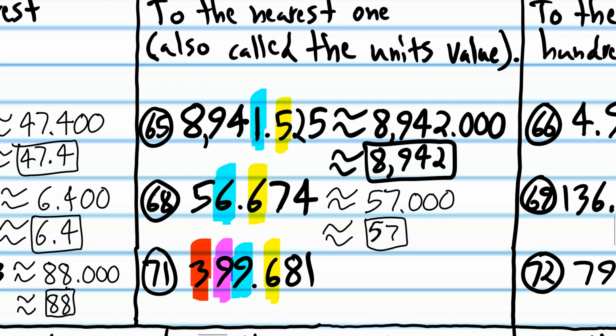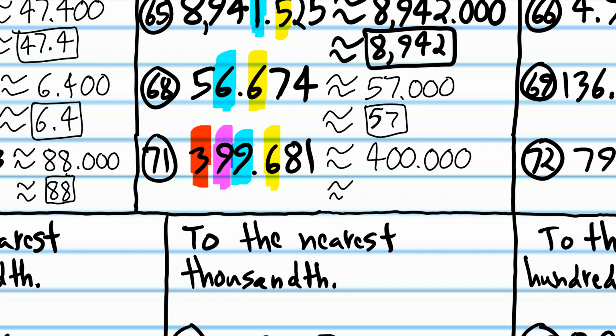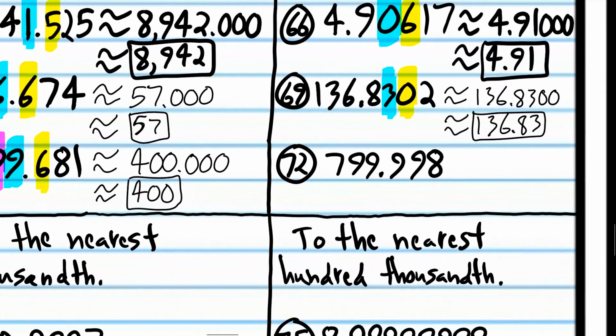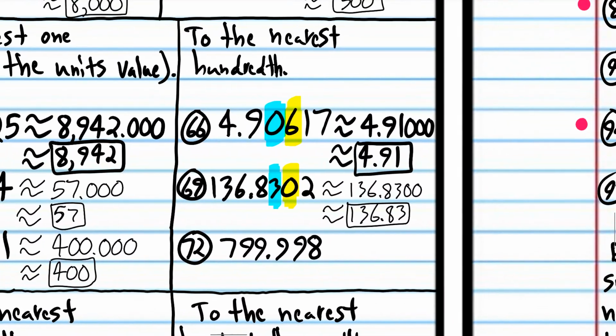And so the 3 is going to go up to a 4, and all the other numbers, as usual, are going to go to 0. And we can just drop those zeros to the right of the decimal, because they're ending zeros. So if you got 400, good job.